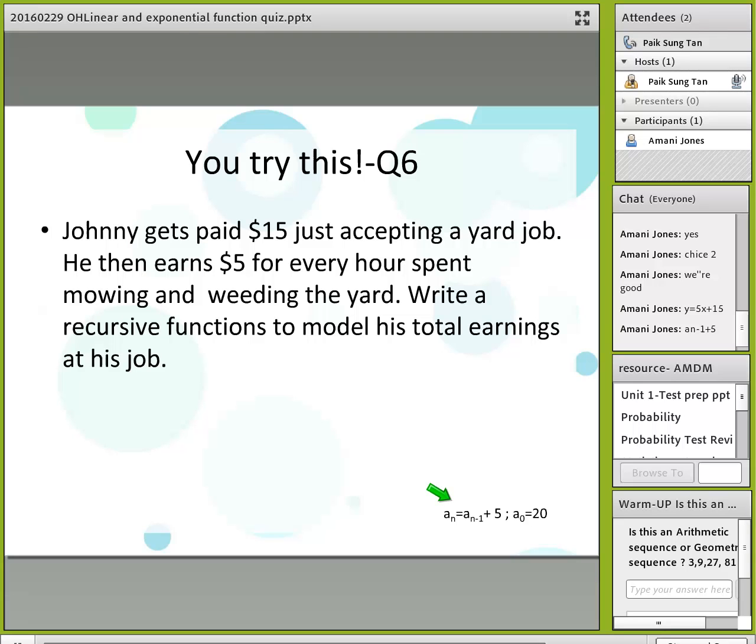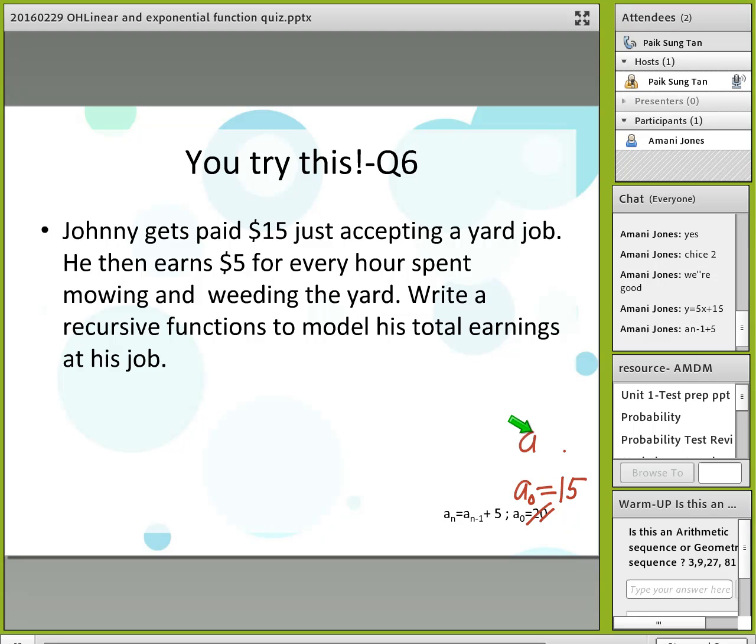And this a sub 0 is incorrect. This is supposed to be 15, meaning it's $15.